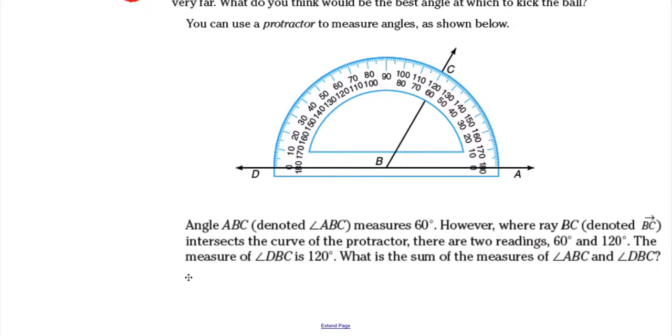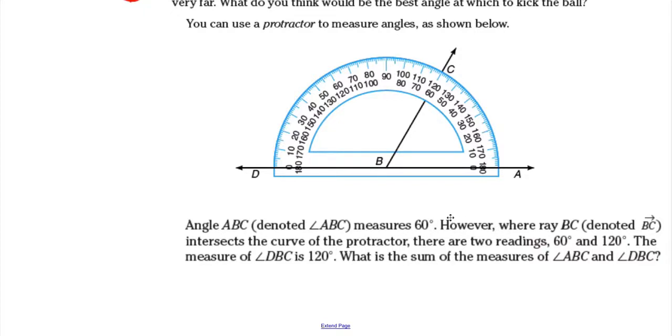The measure of angle DBC is 120 degrees, because if you notice, this ray begins at zero, and so we read from the outside of this protractor. In the case of angle ABC, this ray right here hits the inside part of the zero, and that's why we read from the inside part of the protractor.